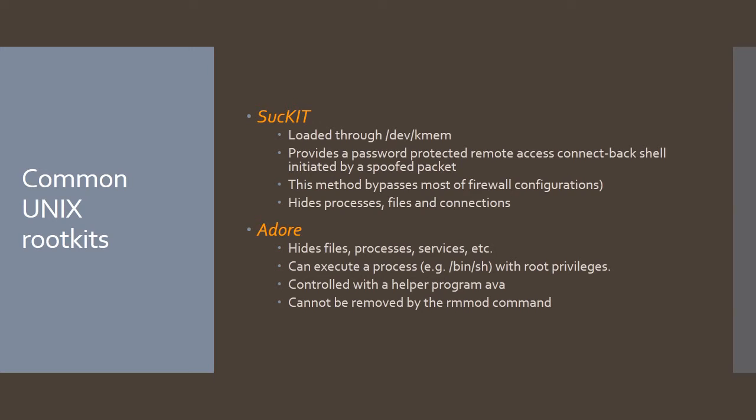The well-known rootkits for the Unix platform are Suckit and Adore. Suckit is a fully working rootkit that is loaded through /dev/kmem. It does not need a kernel with support for loadable kernel modules. It provides a password-protected remote access connect-back shell initiated by a spoofed packet and can hide processes, files, and connections.